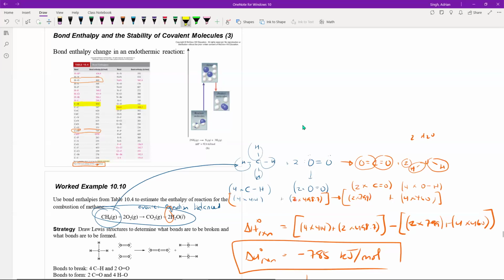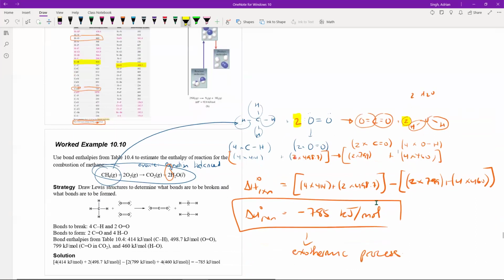We're keeping track of the fact that we have two of the O2 molecules on the left side and 2 of the H2O molecules on the right. So we need to multiply whatever number of bonds we have there by that stoichiometric coefficient to get the correct number of bonds that we need to either break or make. And then we substitute into our equation.